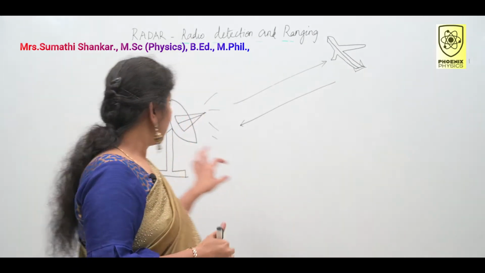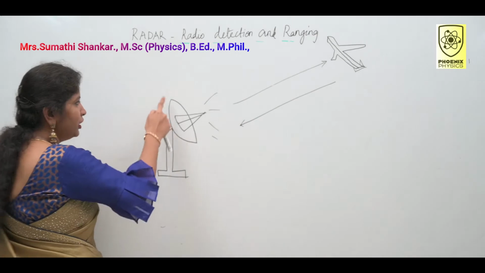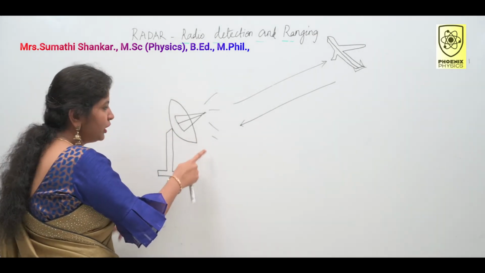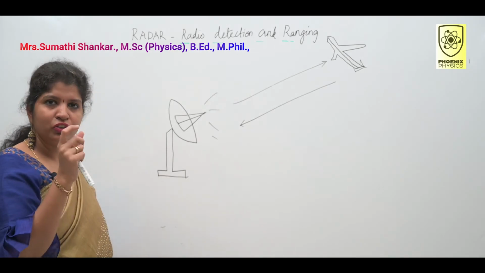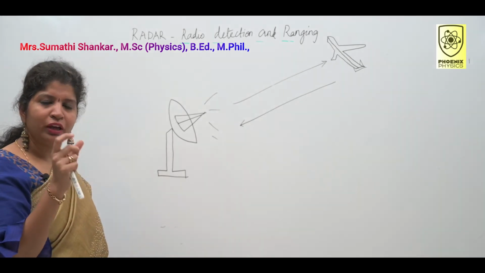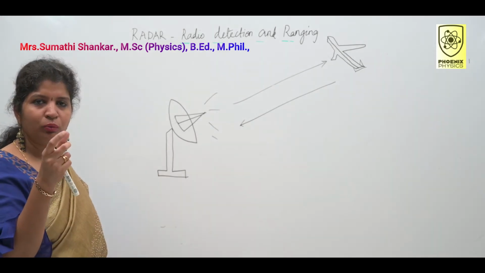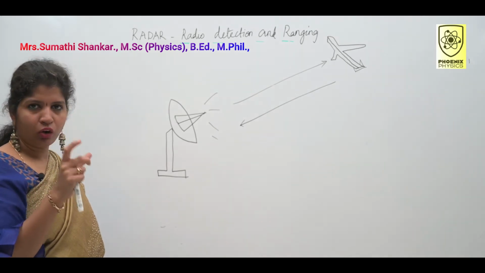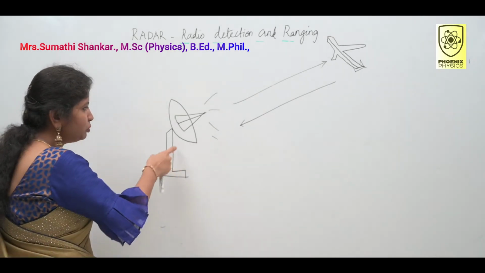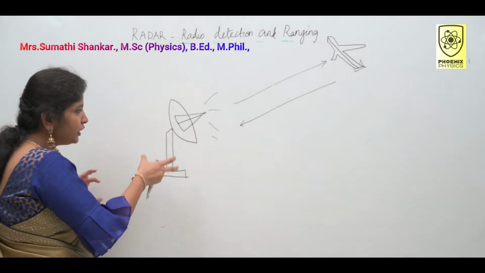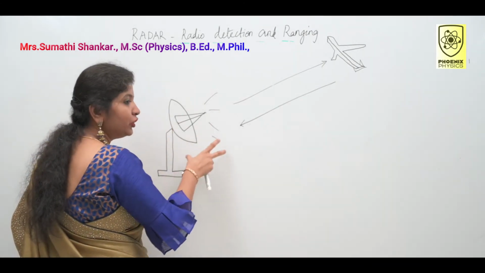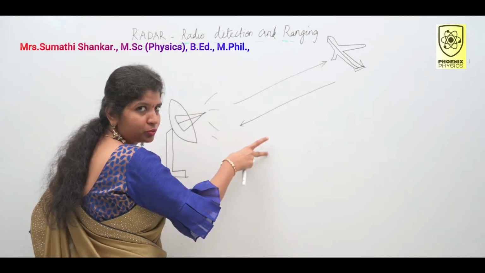Okay. So this is our radar system. It is basically an electromagnetic system used to measure the distance of an object and locate the object. Why am I saying electromagnetic system? Here I am using radio waves to transmit.